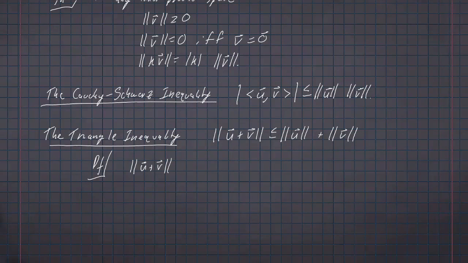It turns out that we don't really know a lot about the norm of u plus v, but if we square it, we realize that this is the inner product of u plus v with itself.